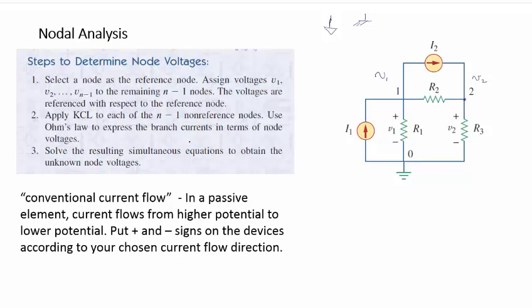And then it says apply KCL to the remaining n-1 nodes. Use Ohm's law to express the branch currents in terms of node voltages. So I'm going to do KCL at each of the nodes, and I'm going to use the conventional current flow convention. That means in a passive element, such as a resistor, current flows from a higher potential to a lower potential.